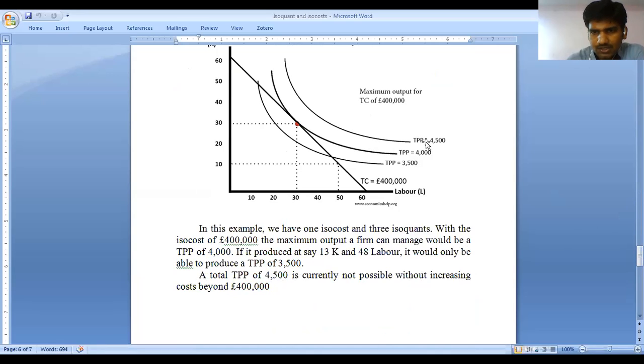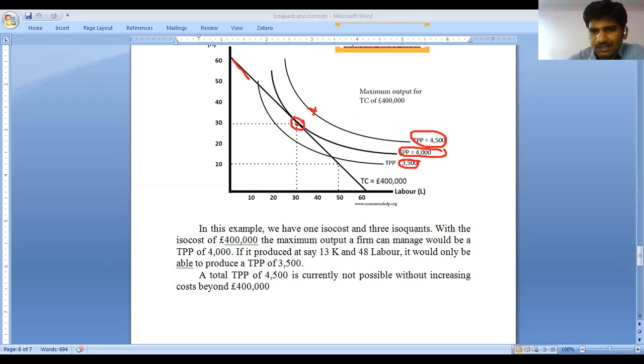For example, we can take the ISO cost, this is the series, 4,500. If it is like this, this is the 4,500, but this ISO quant cannot yet touch this one. So that's why it is not yet possible. If you consider these points, it is also touching that, but this 3,500 is below the graph. But exactly where the graph touches, that is the 30 labors and 30 capital.